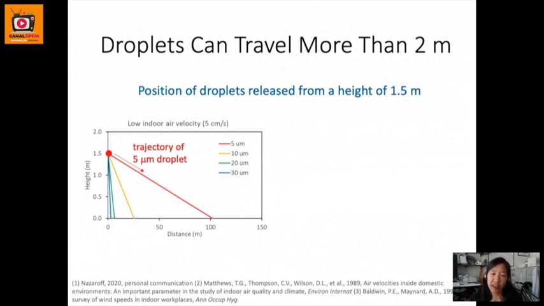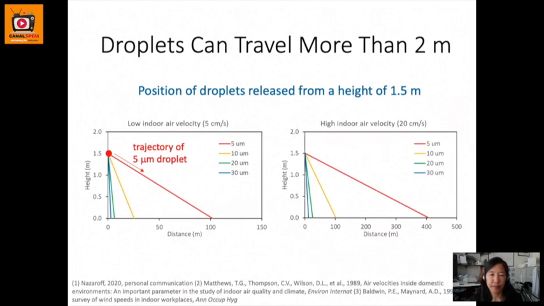But you can see that a 5-micron droplet starting at a height of 1.5 meters can travel over 100 meters, even under low indoor air velocity conditions. We have to get up to a size of 30 microns before we see something that's not going to travel more than 2 meters. Under higher indoor air velocities, of course, these distances stretch out by a factor of 4. And a 30-micron droplet in this case can travel 7 to 8 meters.